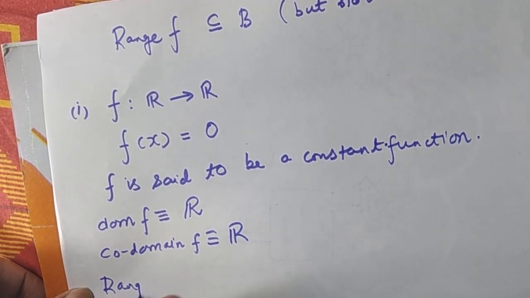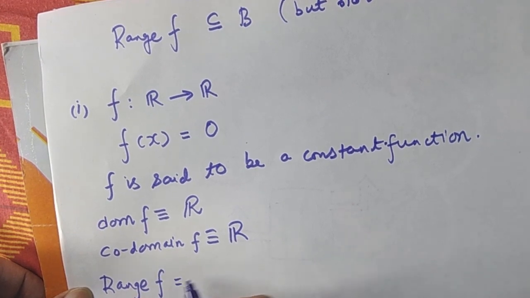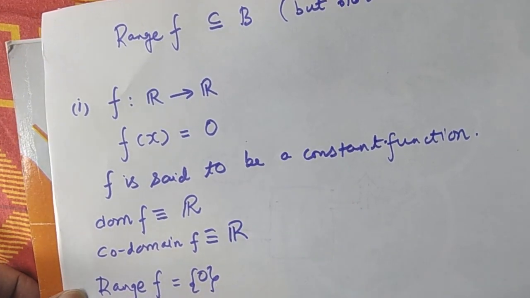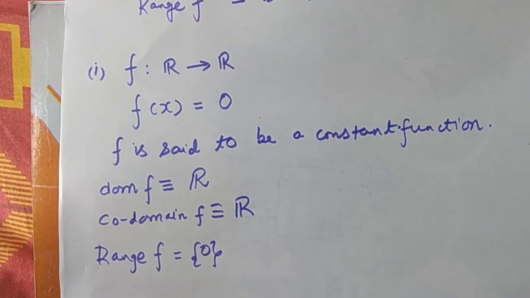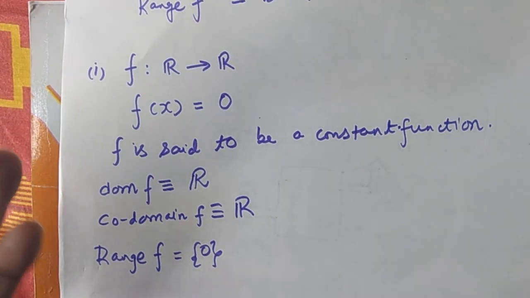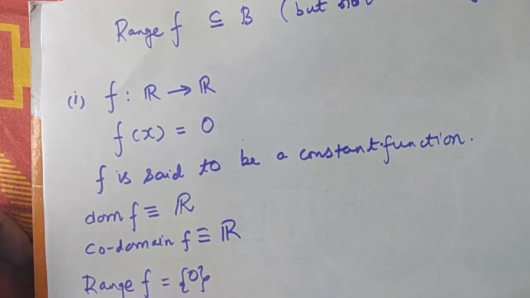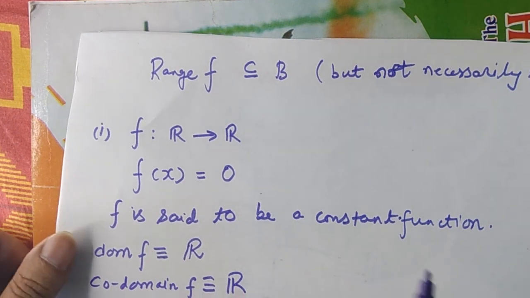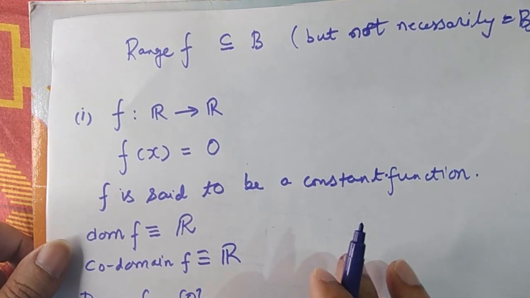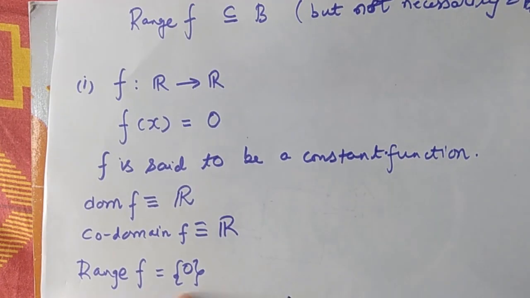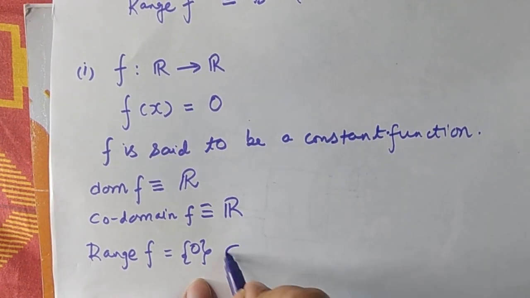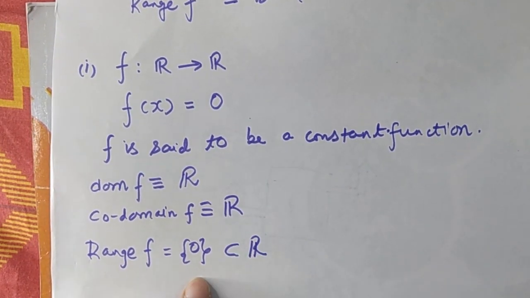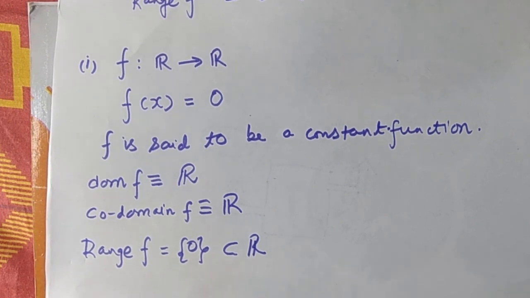So, range of f is equal to a singleton set, which is {0}. This is a good example to appreciate the fact which I had just written, which is range of f is a subset of the codomain, but it is not necessarily always equal to it, as we can clearly see that the singleton {0} is a subset of the real numbers R. However, {0} is obviously not equal to the entire set R.